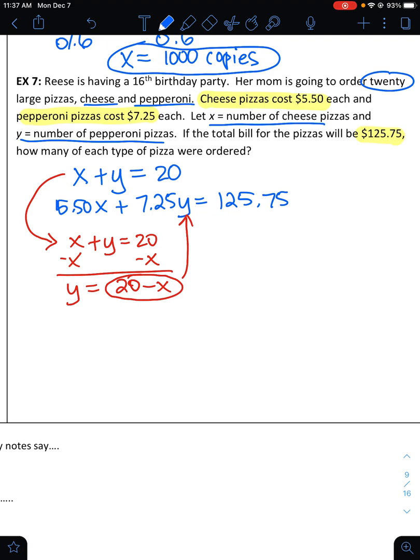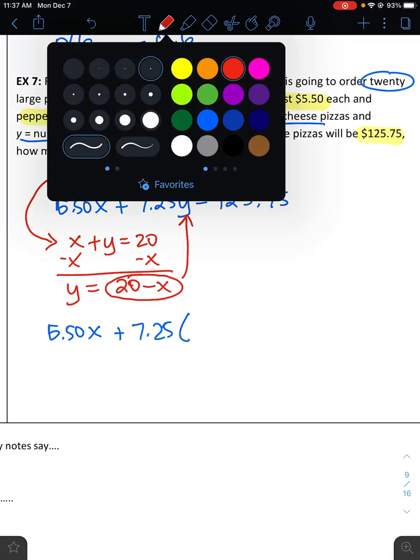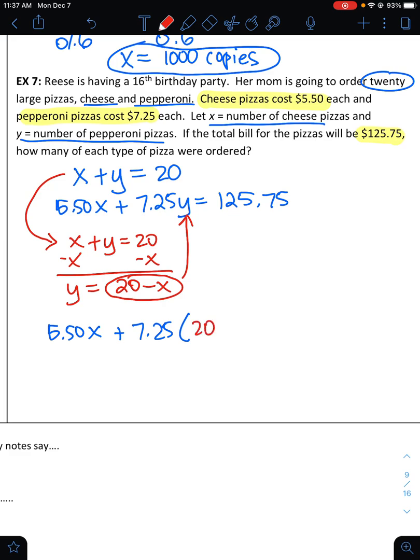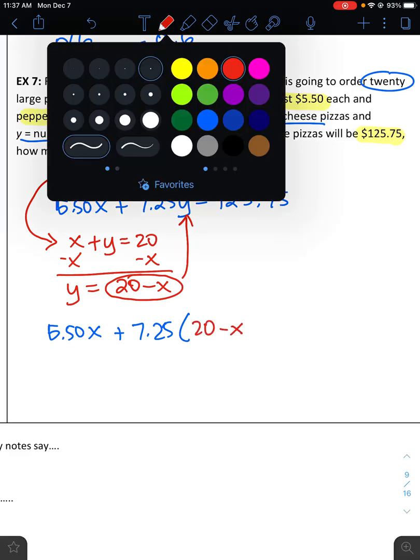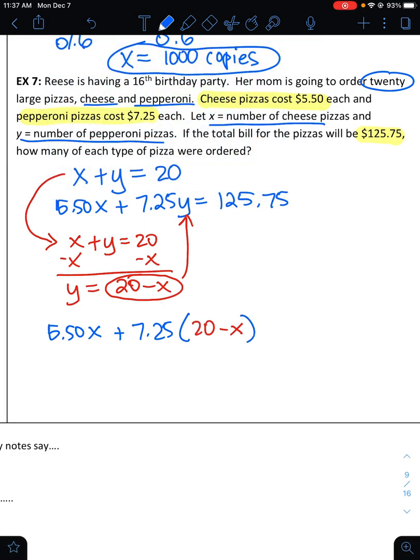All right, let's rewrite equation number 2. So I'm going to have $5.50 times X plus 7.25, but I have to plug in what Y is equal to. It's equal to 20 minus X. Okay, and then let's write the rest of the equation down. Equals 125.75.